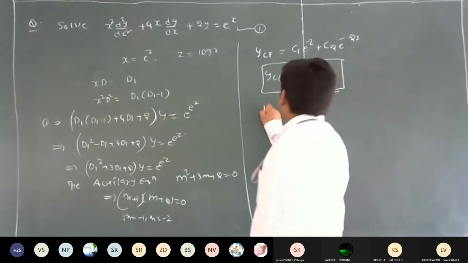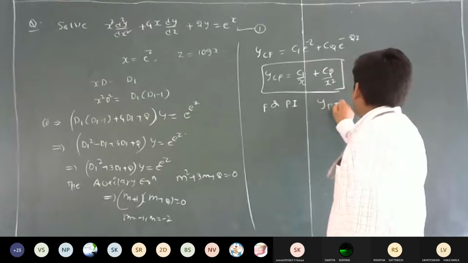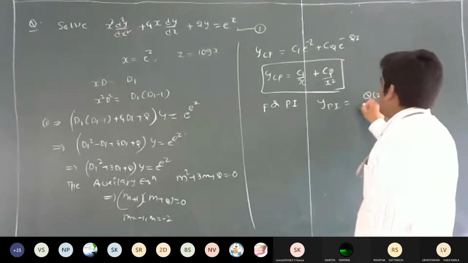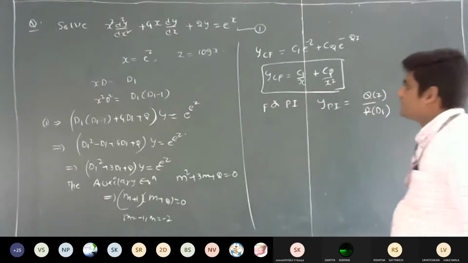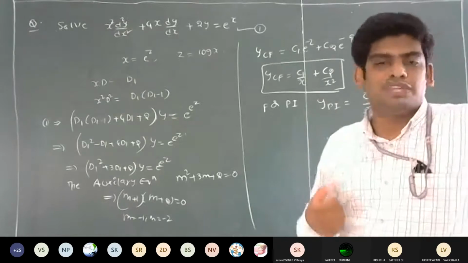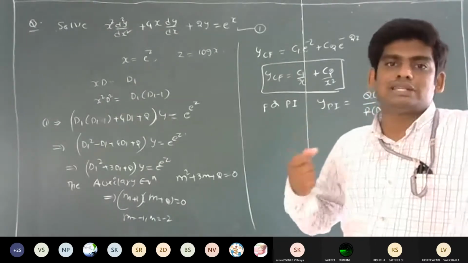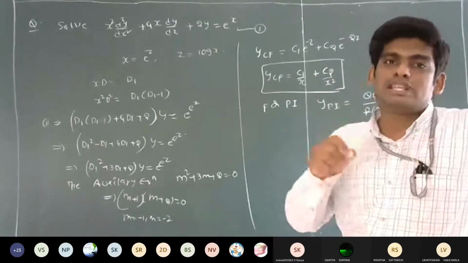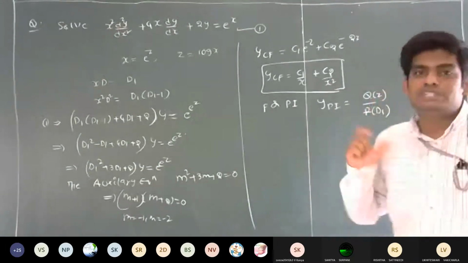So therefore, for the particular integral, what is the formula? Ypi is equal to q of z by f of d1. Previously the formula was q of x by f of d, but here we have f of d1, a function of d1, that means d by dz, and it is a function of z.